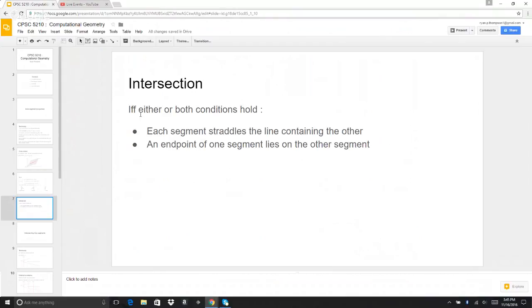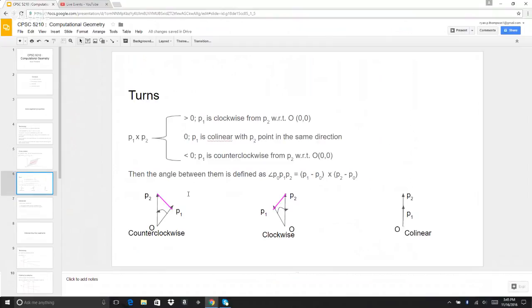The intersection. Two segments intersect if and only if either or both conditions hold: each segment straddles the line containing the other, or an endpoint of one segment lies on the other segment. So here's the endpoint, 0, which lies on the other segment. In all of these examples, clockwise, counterclockwise, collinear, they do intersect because the origin, considered the endpoint of each of these vectors, lies on both.